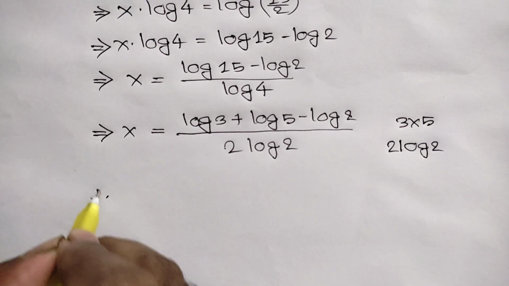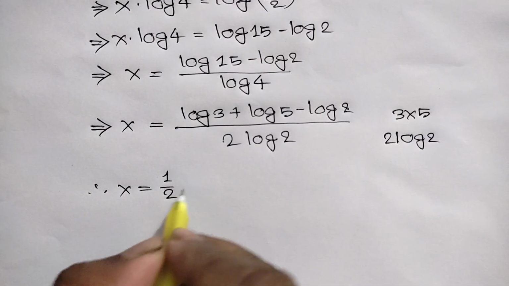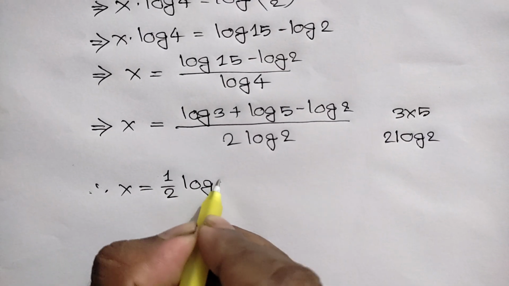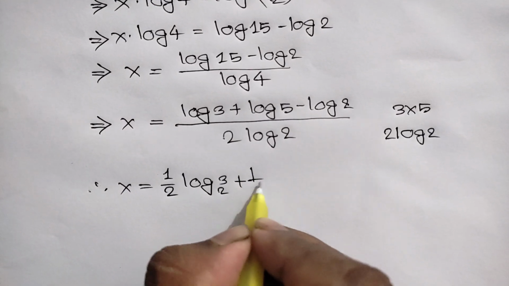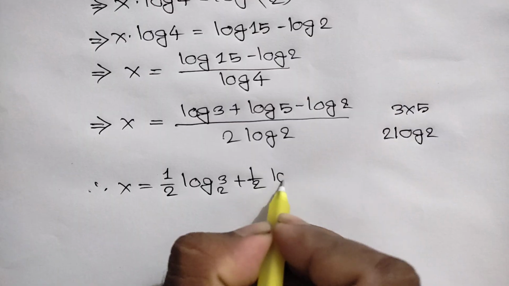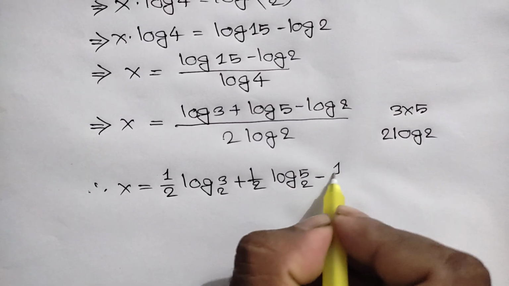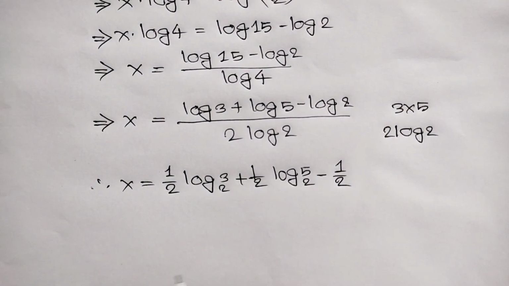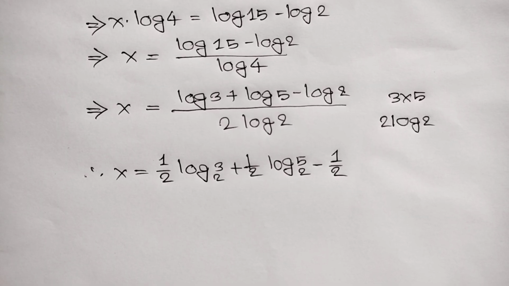Finally, the value of x is equal to half times log of 3 base 2 plus half times log of 5 base 2 minus half. That's the exact value of x.